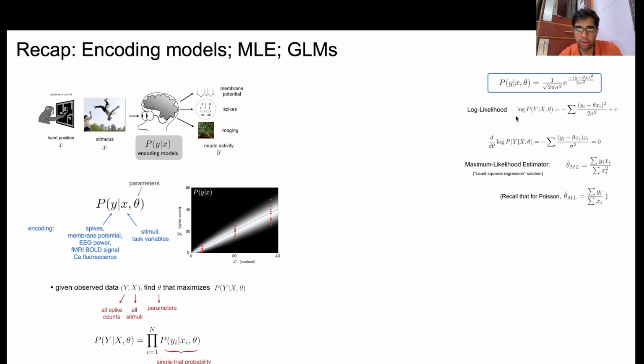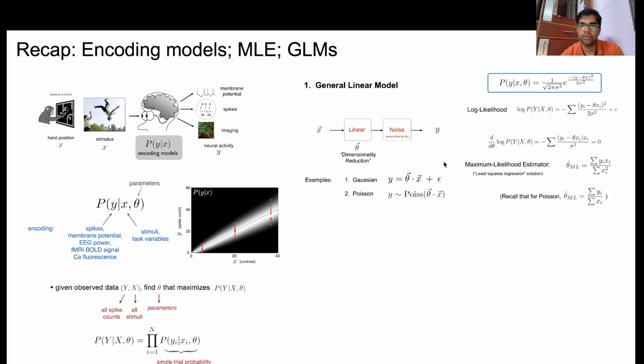We take the log likelihood for mathematical convenience, so that we can convert the products to a sum, and then differentiate this equation and equate it to 0 to get the maximum value. This summarizes the general linear model, where the input contrast, the stimulus parameter, is linearly mapped using this theta variable, and then you add noise. In this case you can add Gaussian noise, or usually for neural responses we use a Poisson distribution.